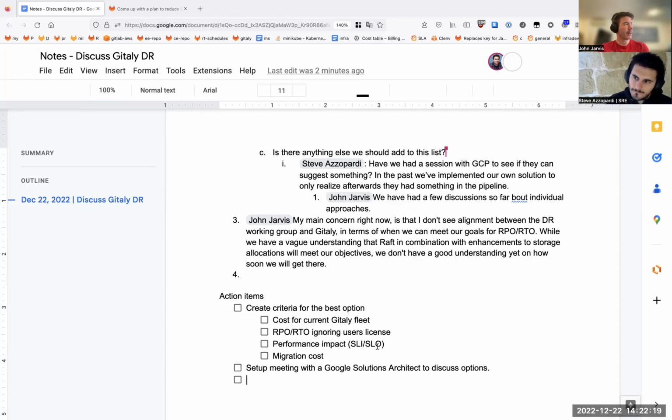And from the Gitaly team, what I would like to understand is where we are with the Raft re-architecture and where we are with tiered storage, if that's in the roadmap. But if it's so far out, maybe it doesn't even matter.